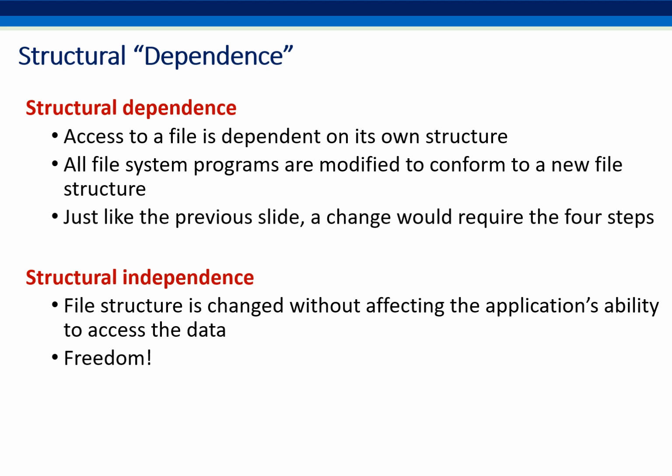Structural dependence, too, is this idea that access to a file is dependent on its own structure, so when it's modified, the changes will require several steps because the structure of your table is dependent on something else. Now, structural independence is when you can change the table, you can change the field, and you don't break it, meaning that you don't break the connection to another one.